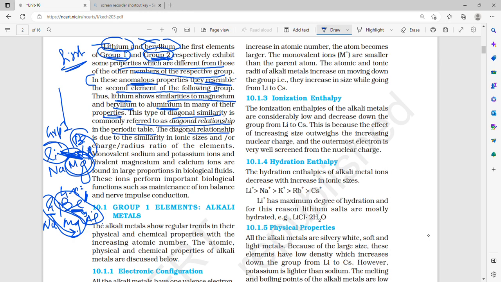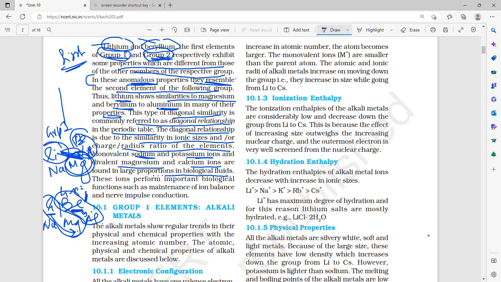The diagonal relationship is due to similarity in ionic sizes or charge by radius ratio of the elements. Monovalent sodium and potassium ions and divalent magnesium and calcium ions are found in larger proportions in biological fluids.